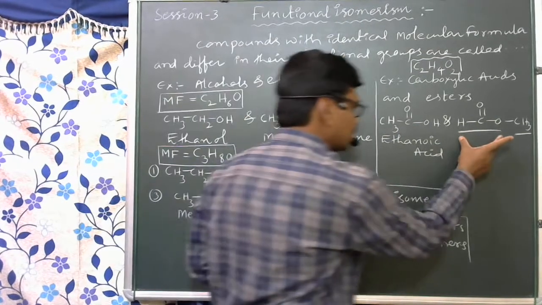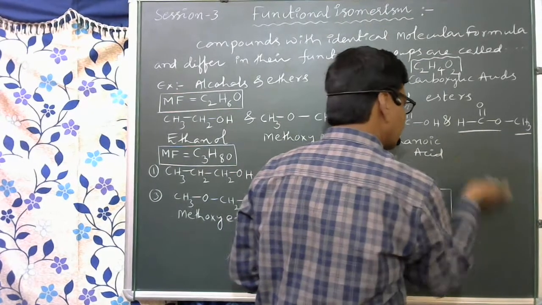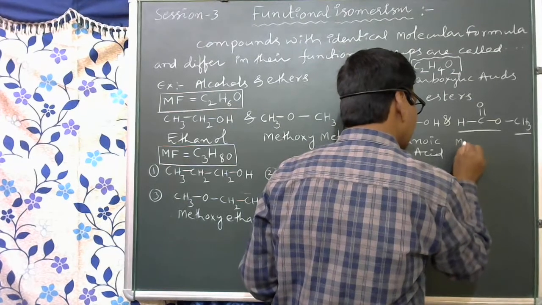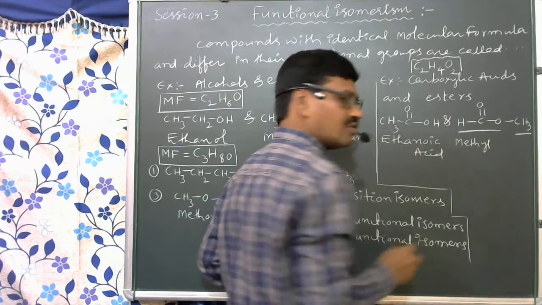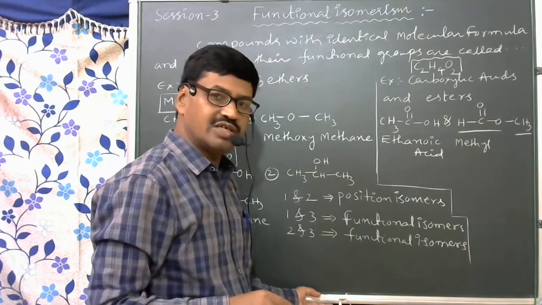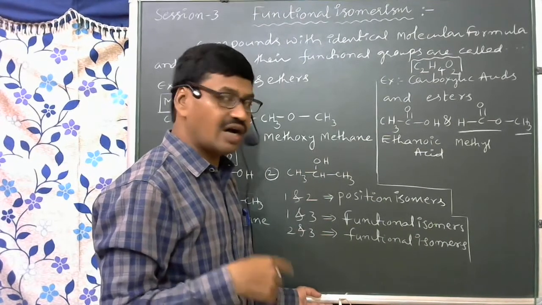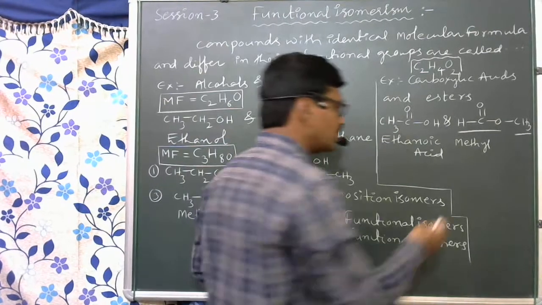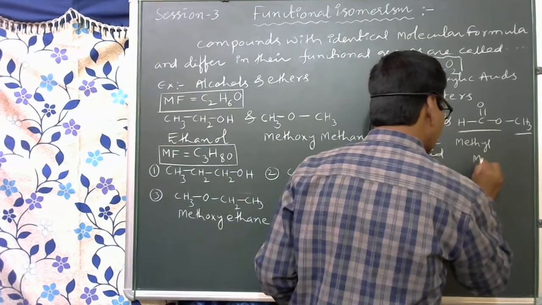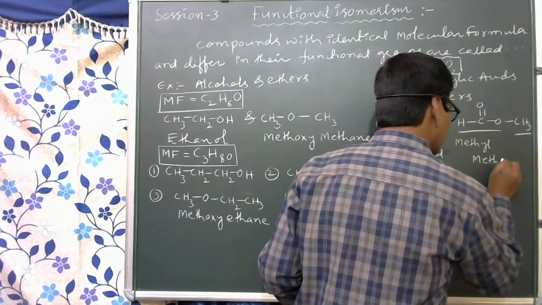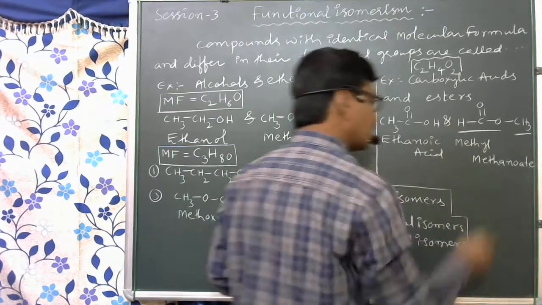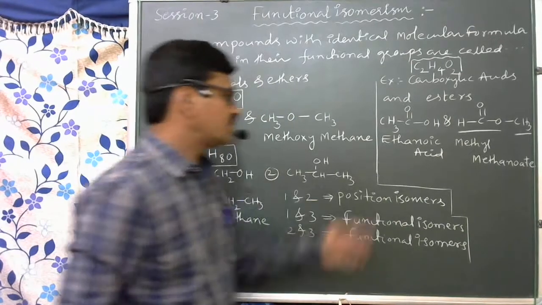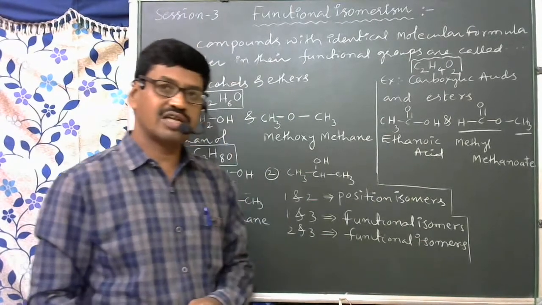So this part is the oate part, and this is the alkyl part. So this is methyl. One carbon containing carboxylic acid is methanoic acid. The methanoic acid anion name is methanoate. So we can write methyl methanoate. This is ethanoic acid and that is methyl methanoate.